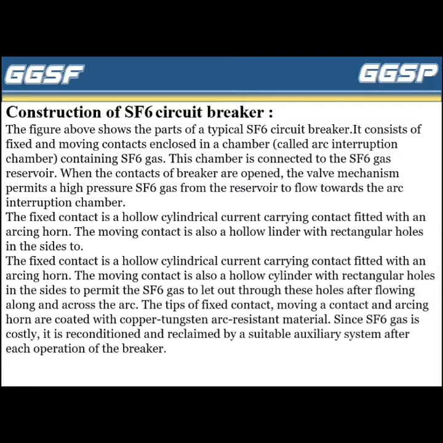The fixed contact is a hollow cylinder current carrying contact fitted with an arcing horn. The moving contact is also a hollow cylinder with rectangular holes in the sides to permit the SF6 gas to let out.